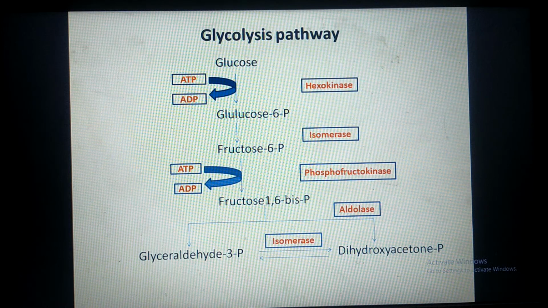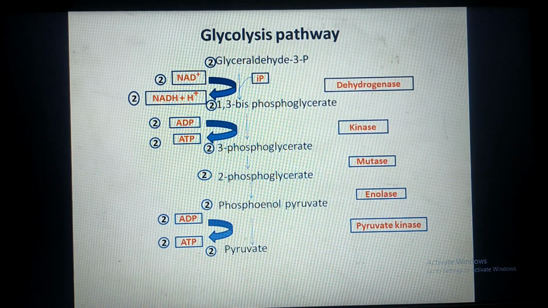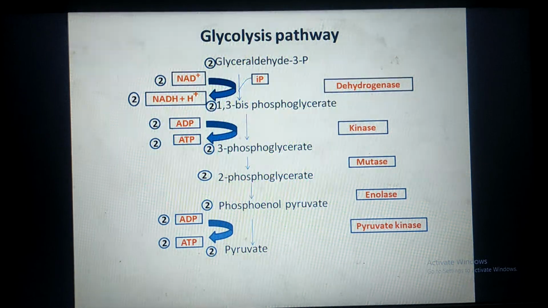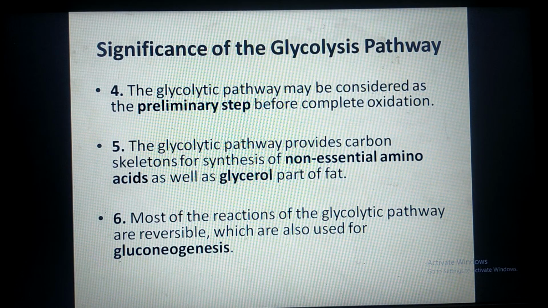The 3 irreversible reactions are: first, the reaction catalyzed by the enzyme hexokinase; second, the reaction catalyzed by the enzyme phosphofructokinase; and the third is the reaction catalyzed by the enzyme pyruvate kinase. So these 3 are irreversible reactions, and the remaining reactions of glycolysis are reversible.